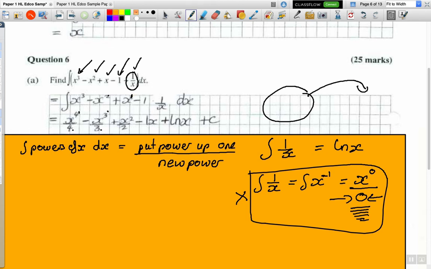That was a power of 1. Put the power up 1 becomes 2, divide by that new power. When you're integrating a constant with respect to x, you just throw an x in. So the integral of minus 1 becomes minus 1x. Formula book, the integral of 1 over x is ln x. And don't forget, when you're integrating, it's always a plus c at the end.